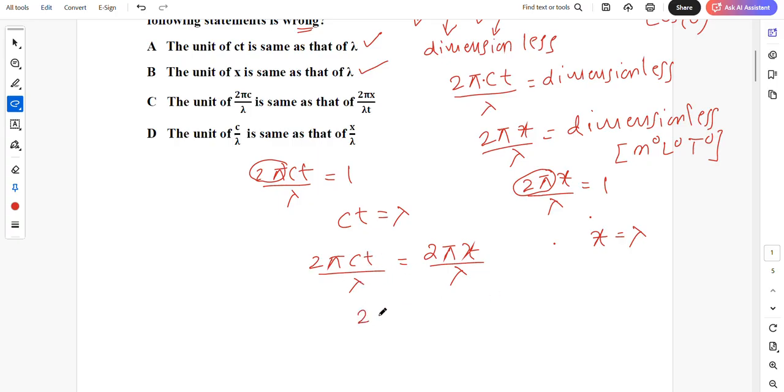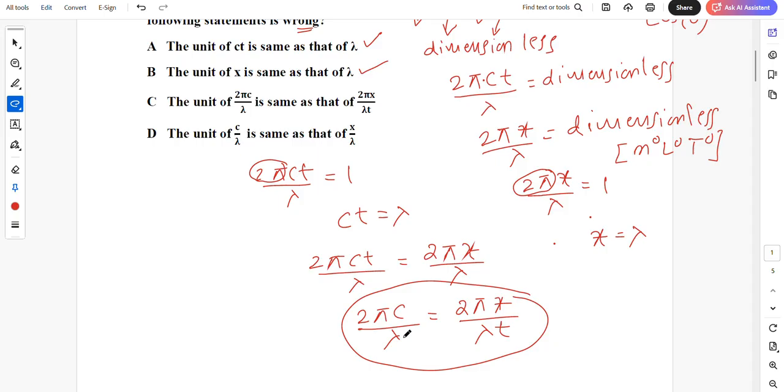That is 2 pi c by lambda equal to 2 pi x by lambda t. Yes, it can be correct. This is also right. The unit of 2 pi c by lambda is same as 2 pi x by lambda t. This is also right. Now next, the unit of c by lambda is same as that of x by lambda.